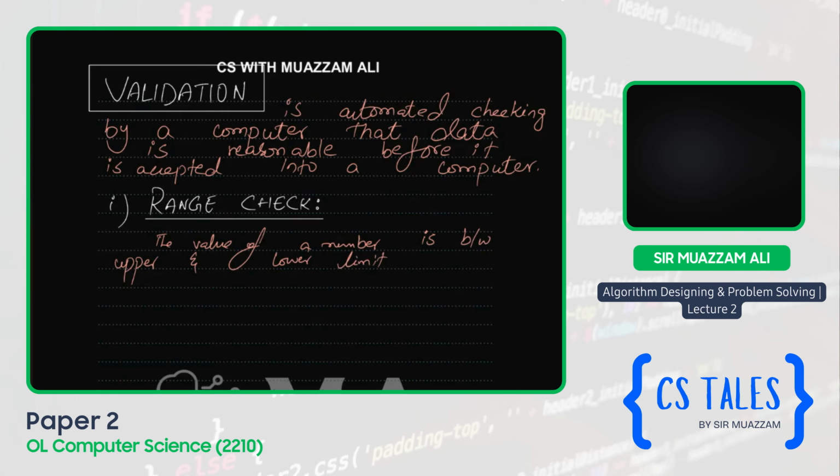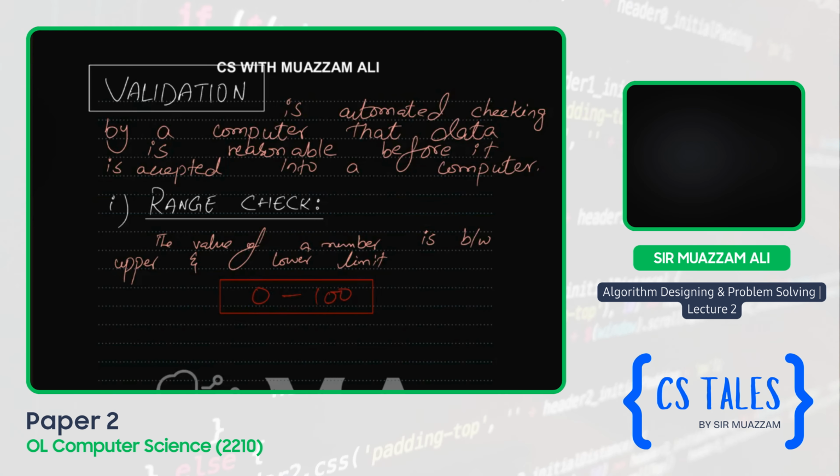It means your data is between 0 and 100. It is an automated check by the computer on the data you are entering: is this correct, is this reasonable? First of all, range check means that you are entering data from 0 to 100. If it is between 0 and 100, it will tell you that the data is within range. Otherwise, it is out of range.